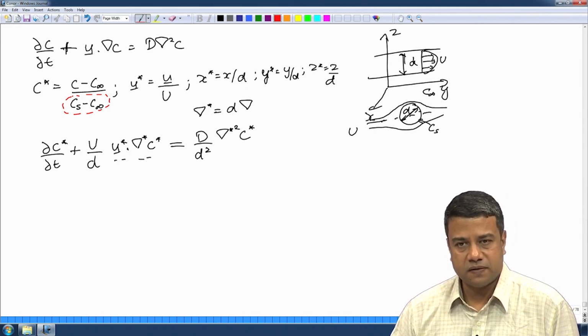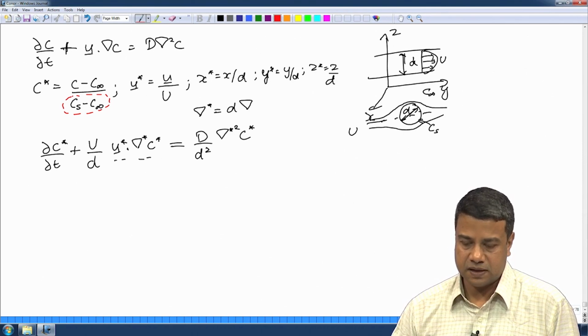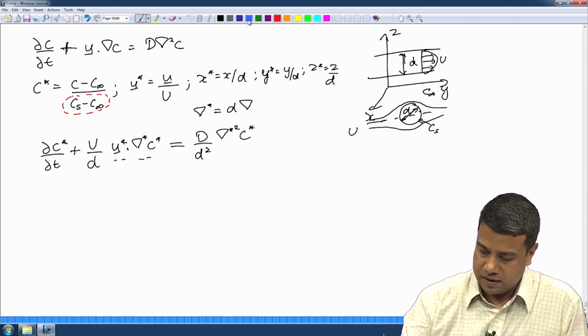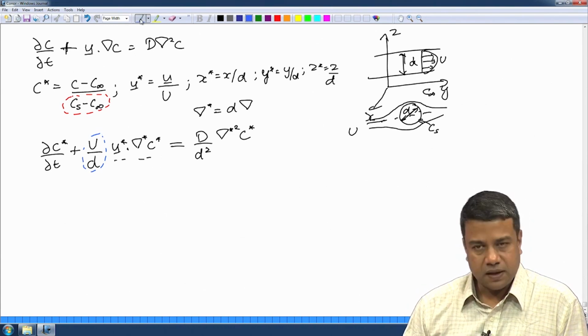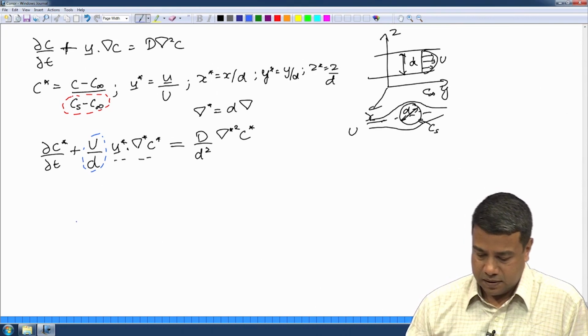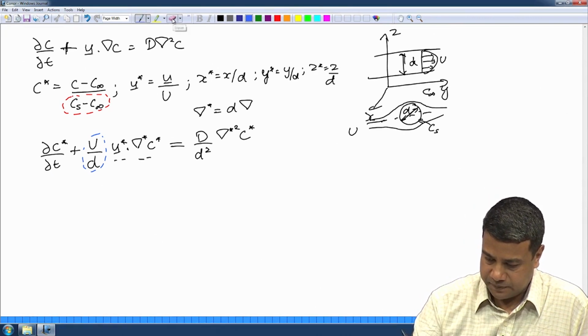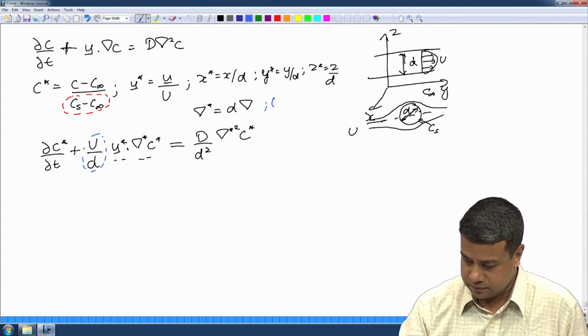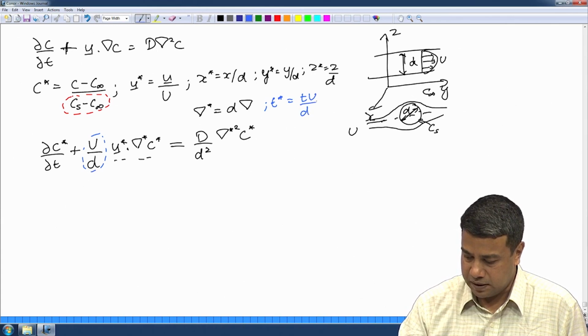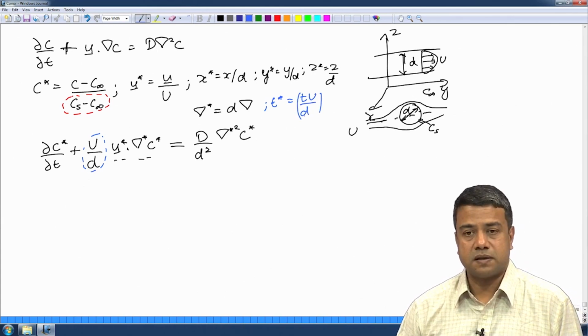Now, this gives me a way of scaling the time scale for variation. A natural time scale in this case would be d by u, the time scale for the variation. And if I do that, t times u by d is now dimensionless.